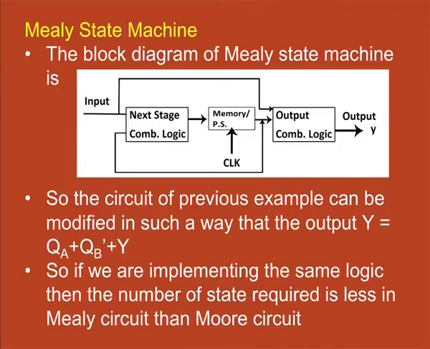The circuit of the previous example can be modified such that the output y will be equal to qa plus qb prime plus y. If we are implementing the same logic, then the number of states required is less in the Mealy circuit than the Moore circuit. So, both the circuits have their own benefits.